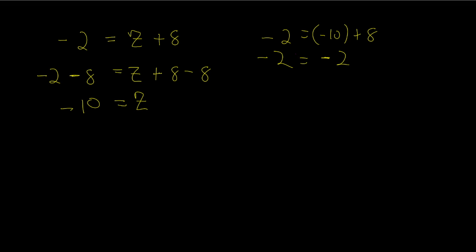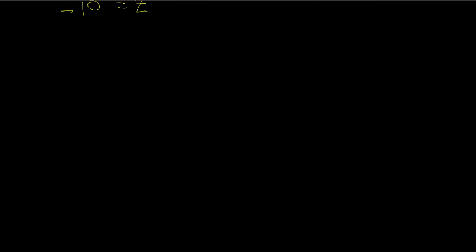Well, the same thing can happen with multiplication. We can get multiplications in equations. So if I have 4x equals 8, I'm saying I'm taking whatever this number was and I'm multiplying it by 4. So if I want to undo that, I have to divide by 4.